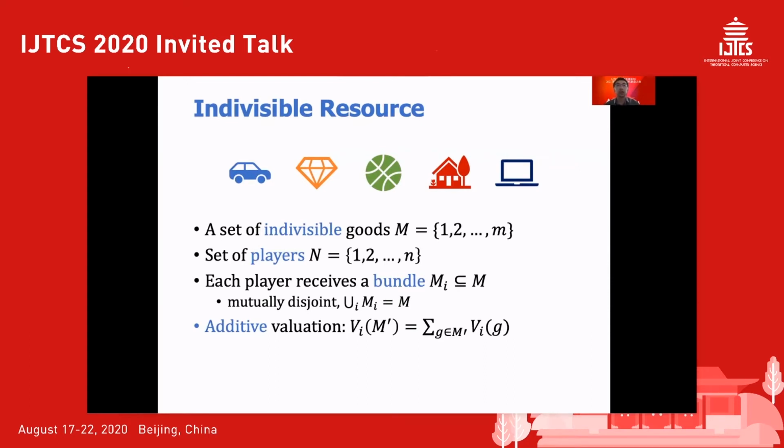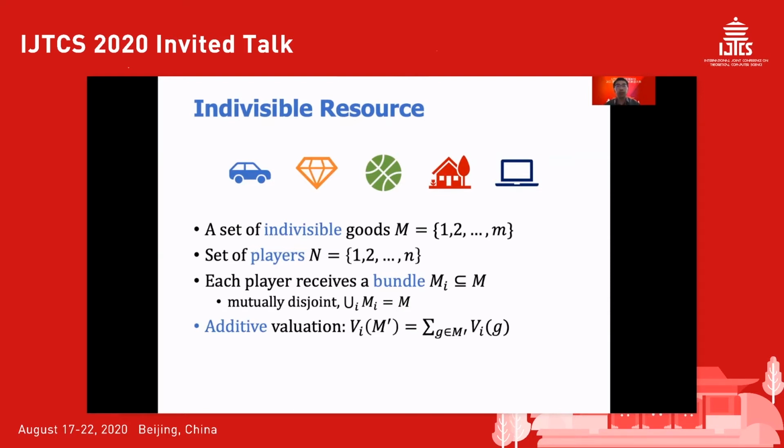We want to allocate a set of m indivisible goods among a set of n players. Each player is going to receive a bundle of items, which is a subset of these m indivisible goods. We again require that in the allocation, different bundles should be mutually disjoint, and their union should be the whole set of goods.